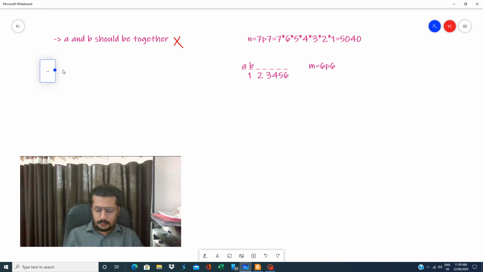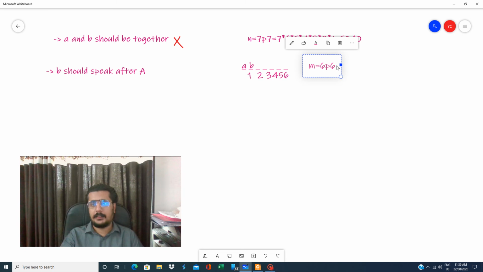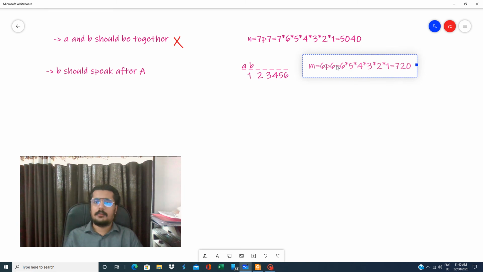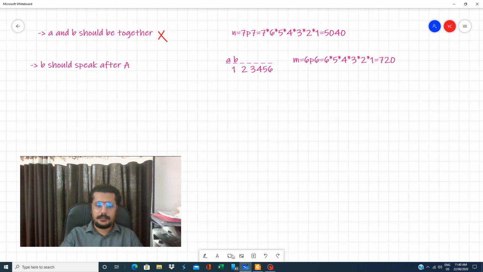The question is that B should speak after A. That means A should not speak after B. So reverse is not possible. If reverse is not possible, then 2P2 will not be multiplied. So it's 6P6, so it's 6, 5, 4, 3, 2, 1, that is 720.